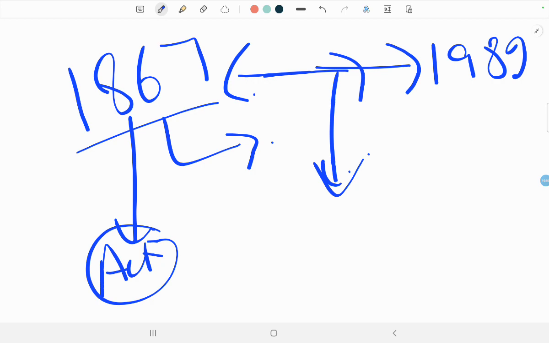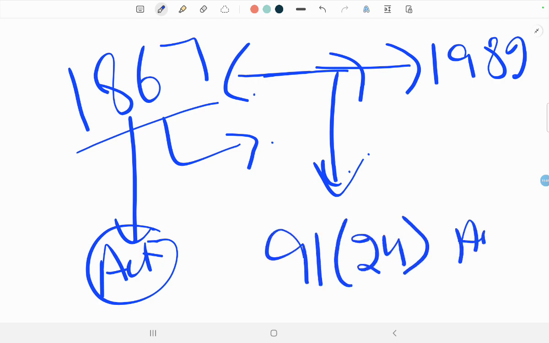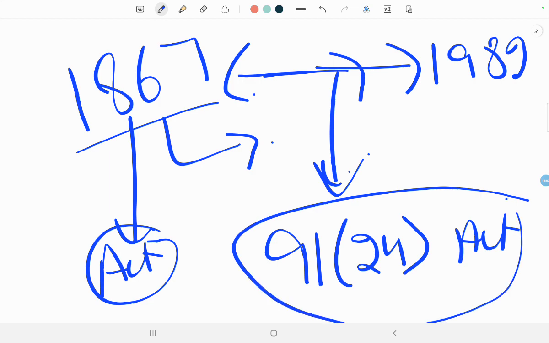And for that we can see section 91 clause 24 of this act, which says who are Indians. They defined Indians actually. For that purpose, we have to understand who are Indians.